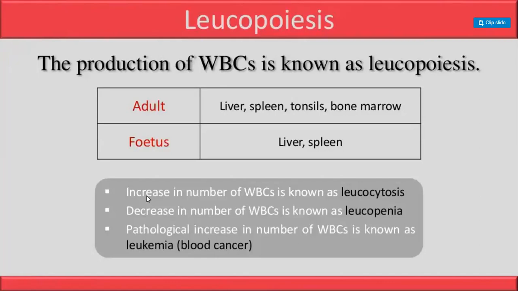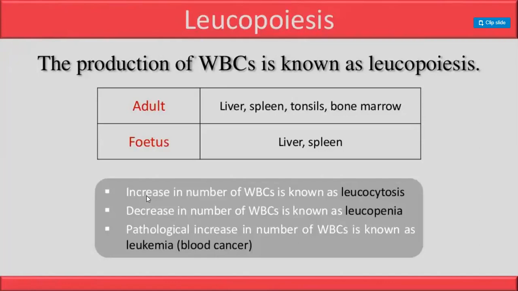But of course, when there is an infection to fight, it is just natural for us to have an increase in the process of leucopoiesis, because most of the white blood cells fighting against any bacteria or infection die in the process. And so we need to replace them. And that's why leucopoiesis has to increase.